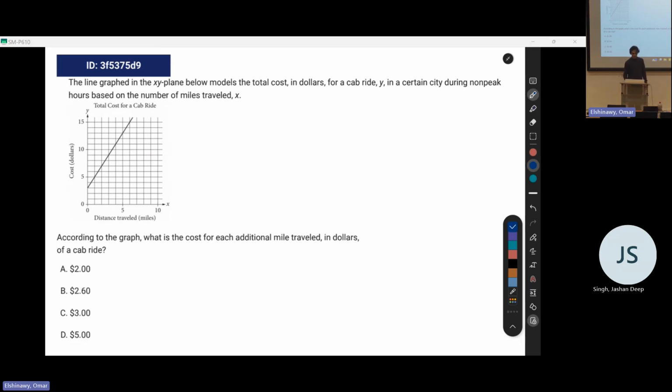In this case, the input is the number of miles, and for convenience, it is labeled as X, as we've acquainted ourselves. And the output is in dollars, as you've said, in Y. So now we have some basic understanding of the problem, and it's asking us what's the cost for each additional mile, just by looking at the graph.